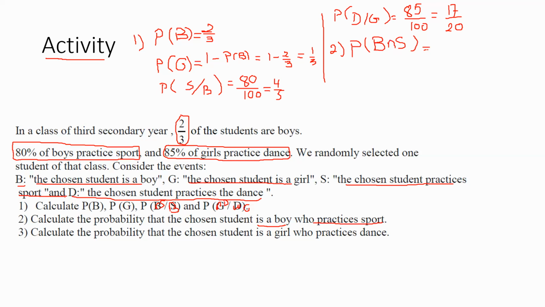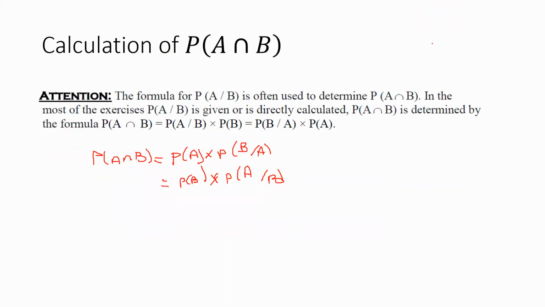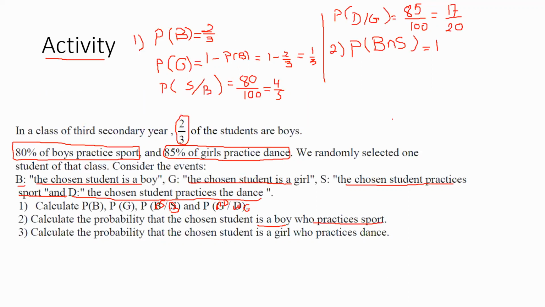Probability of boy intersection S. We saw before probability of A intersection B. So probability of B times probability of S given B equals 2 over 3 times. Professor, shouldn't this be B over S? No, if B is above, B will be below. Probability of B times probability of S given B.